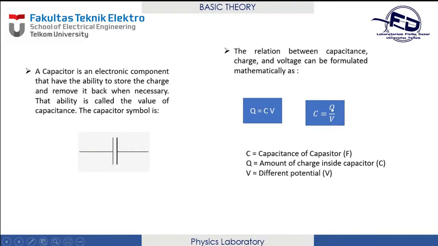And the Q stands for the amount of charge inside the capacitor, and the unit to measure the value is called coulomb, or C in here, okay? And the last one is V. Of course, we all know that symbol, right? The unit to measure is called voltage, or volt.